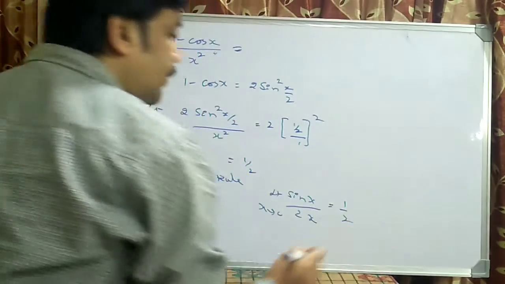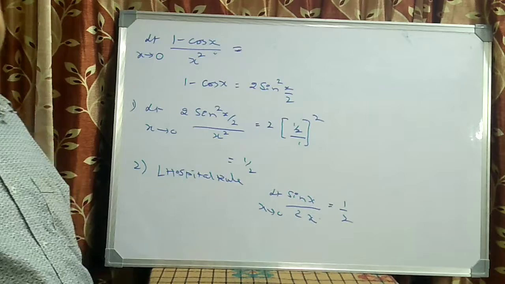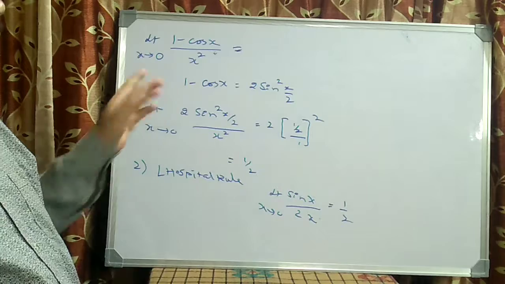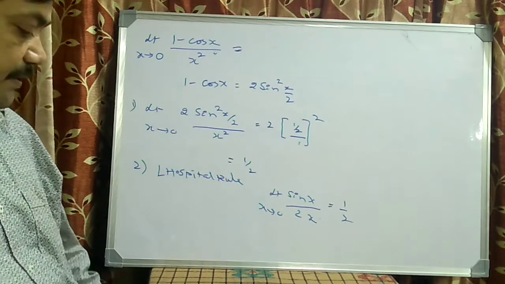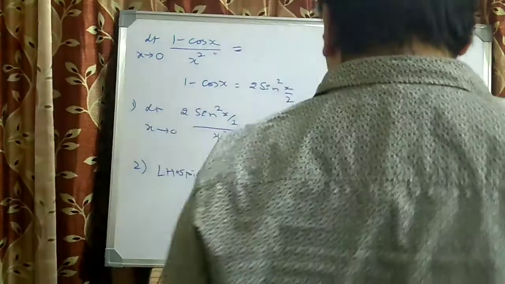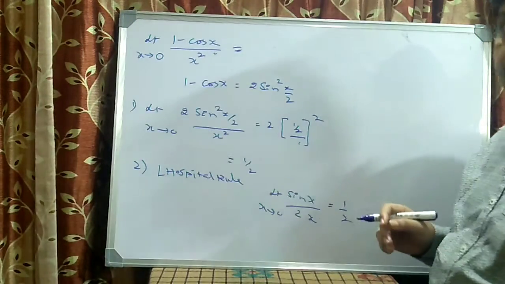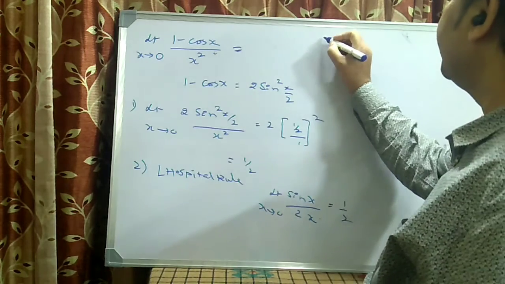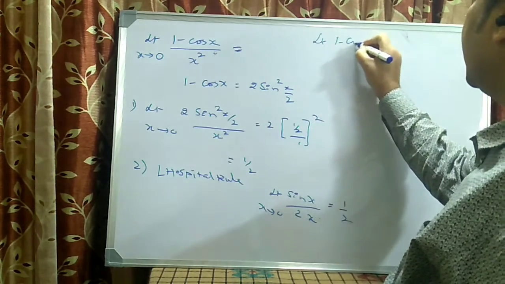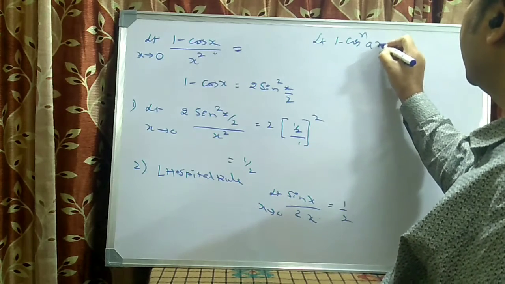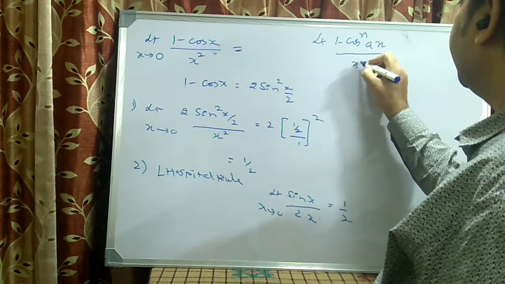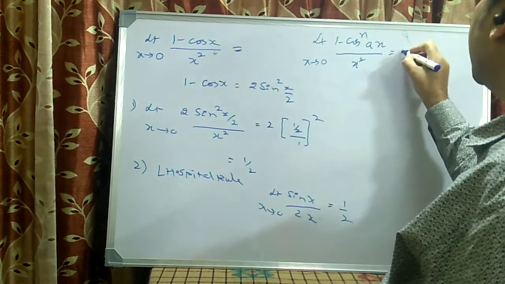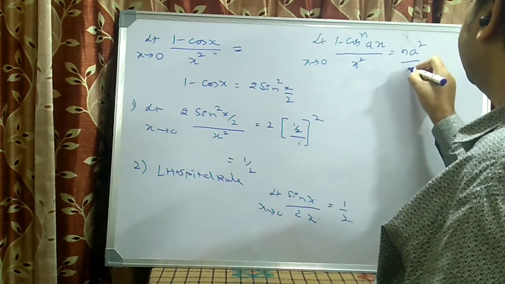Now again, whatever the method may be, the answer must be the same. You should be remembering this. So I can apply this property to the next levels also. If I go for L'Hospital's rule, I have limit 1 minus cos to the power n of ax divided by x square as x tends to 0, and this is equal to n a square by 2.